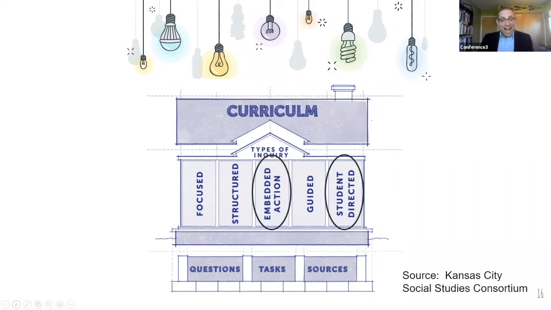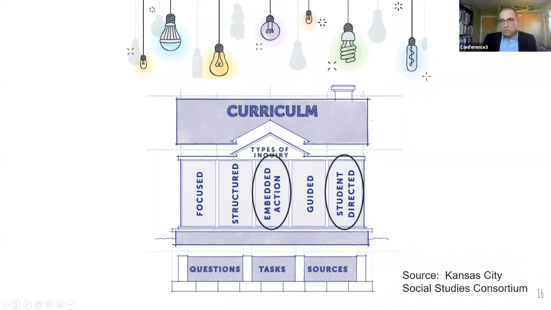So the embedded action one, and I just happen to have the book right here, focuses on, instead of waiting to talk about how do we take informed action later on in the IDM, why don't we move that discussion and those ideas and embed it throughout the entire IDM? And that's very student-centered, and you have the students lead that.